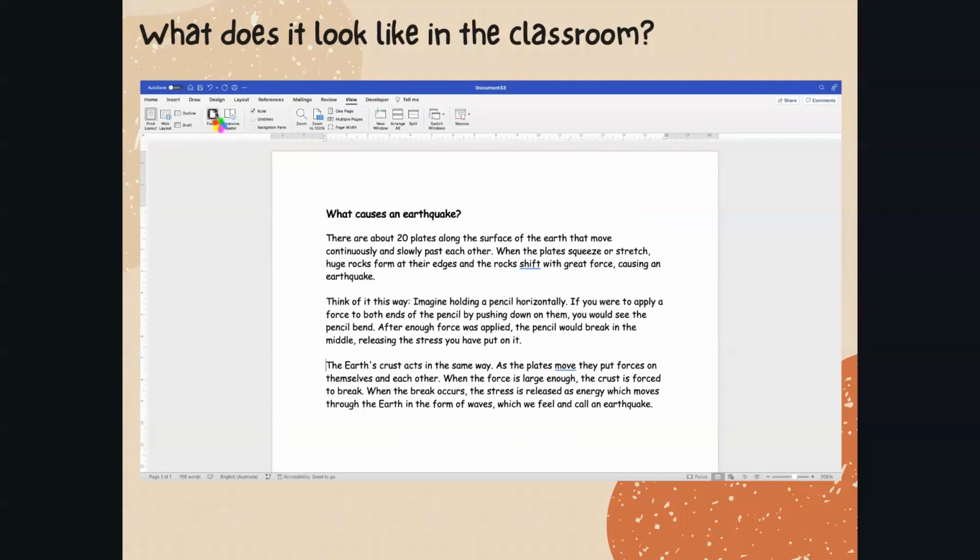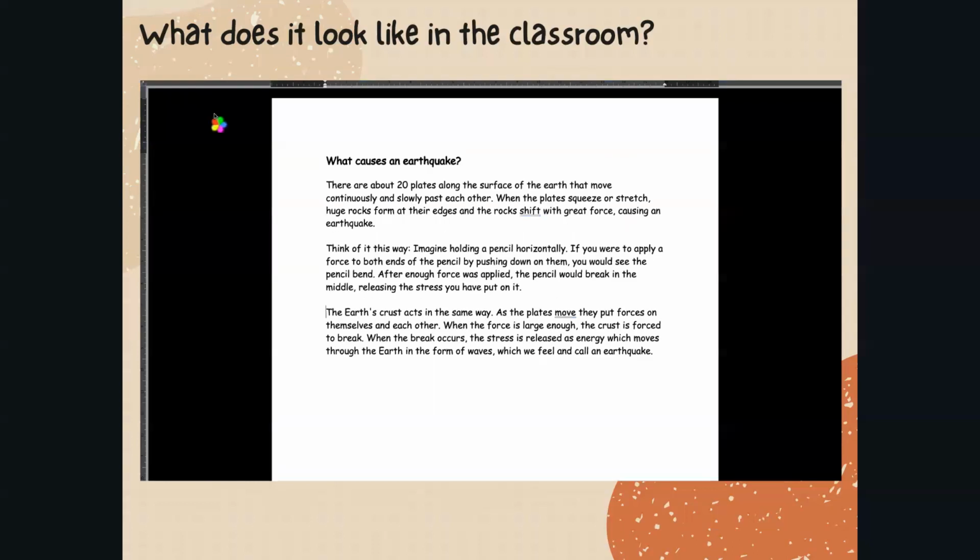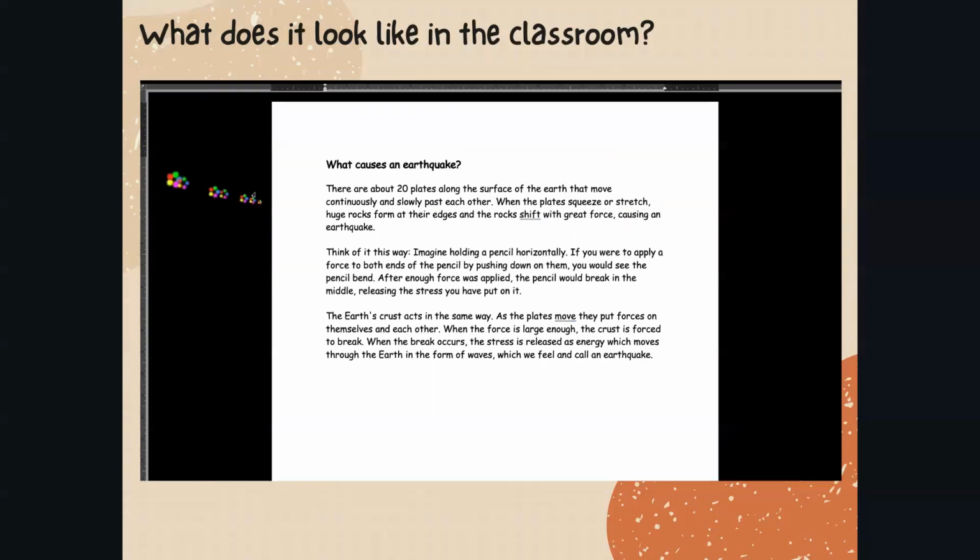So the first thing you can do is you can click on this button, Focus. Okay, and what that does is it actually blocks out the background of the page, so it actually gets rid of all the distractions for them, and that can help them really focus in and concentrate on what the text is and what the words are. Similarly, if they're writing, they can get a bit lost in changing font size and changing paragraphs and changing margin size and colors, and it really just helps focus in.